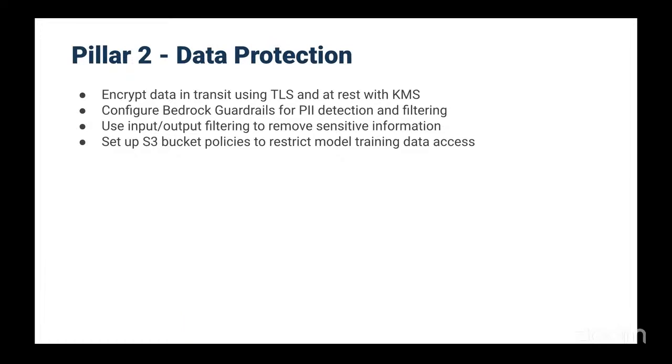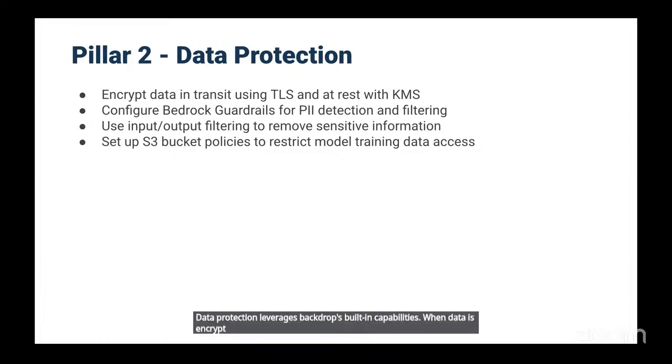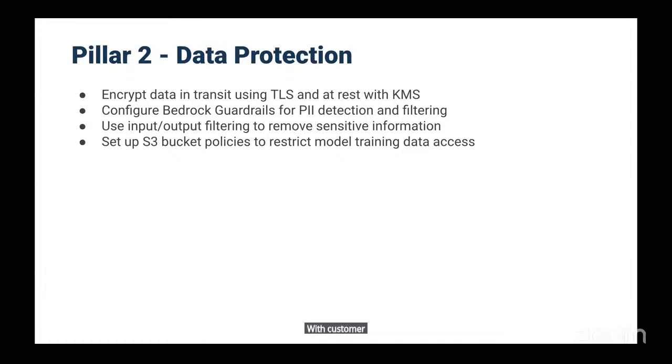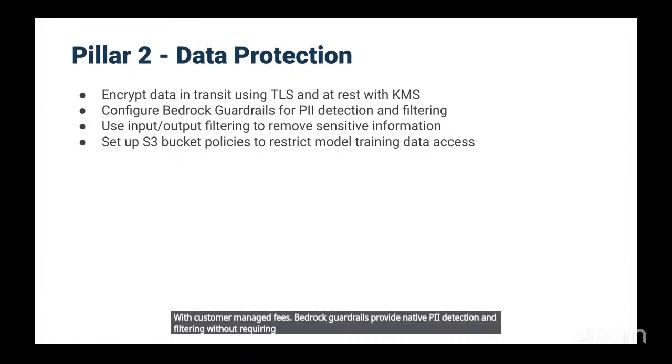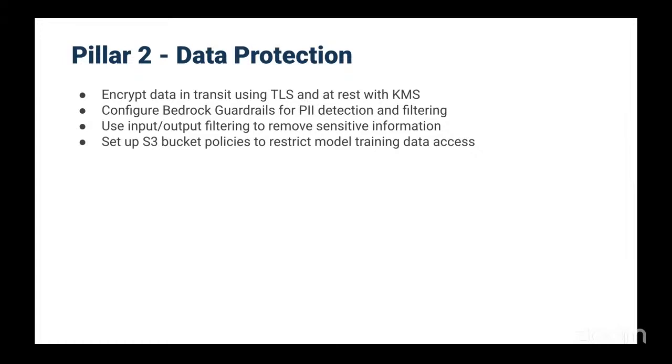Data protection leverages Bedrock's built-in capabilities. All data is encrypted in transit using TLS and at rest using AWS KMS with customer-managed keys. Bedrock guardrails provide native PII detection and filtering without requiring a separate service like Comprehend, before you have to resort to using these services to detect certain kinds of information.